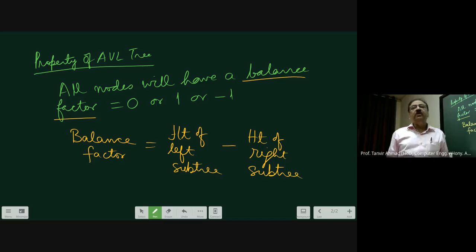If any node violates this property, it will not be called an AVL tree.